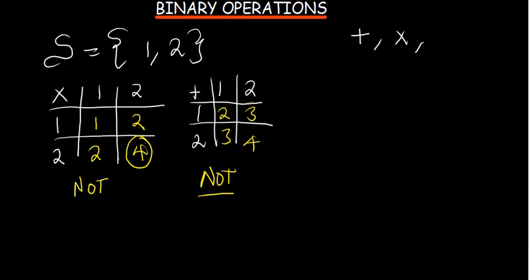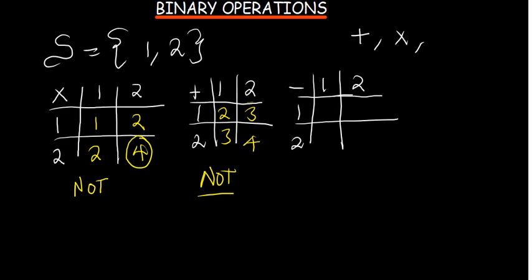We can talk of subtraction. Now for subtraction, we have to draw two tables because we are going to understand. We have got 1 and 2, we have got 1 and 2, we are subtracting. So if we start from here, 1 minus 1, that is going to give us a 0. 1 minus 2, that is going to give us a negative 1.